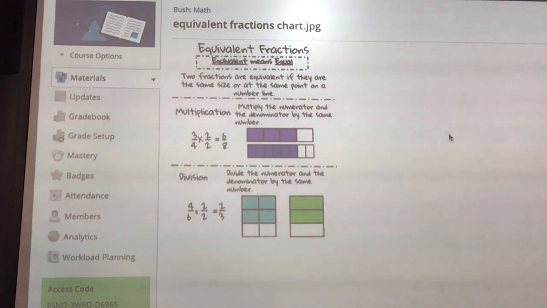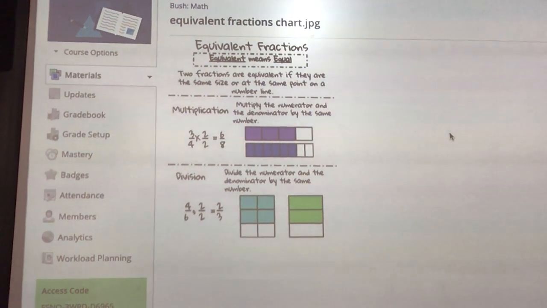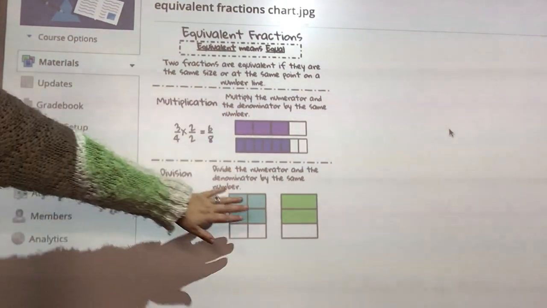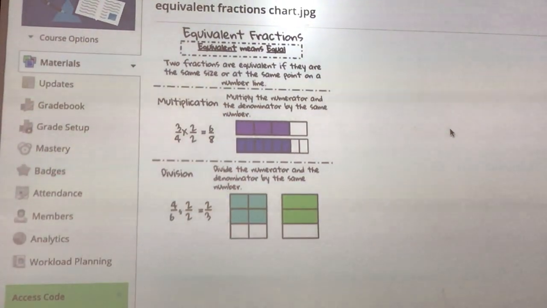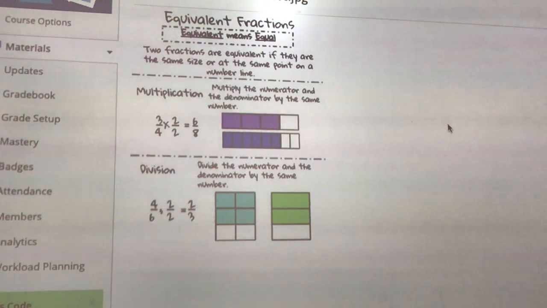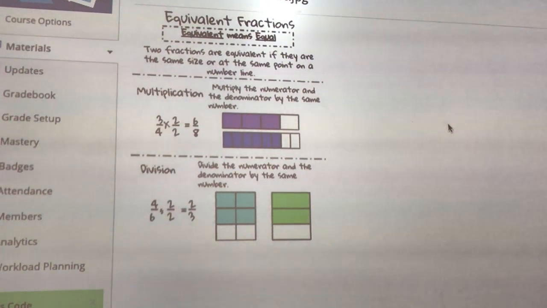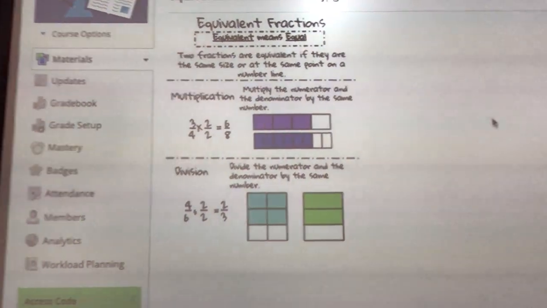And then it shows you an example of how you can multiply the numerator and denominator by the same number, or you could divide the numerator and denominator by the same number, okay, to have two fractions that have the same parts. All right, so if you get stuck and forget, this is on Schoology. Go back to it. You can reference this to help you out. All right, Malia, lights.